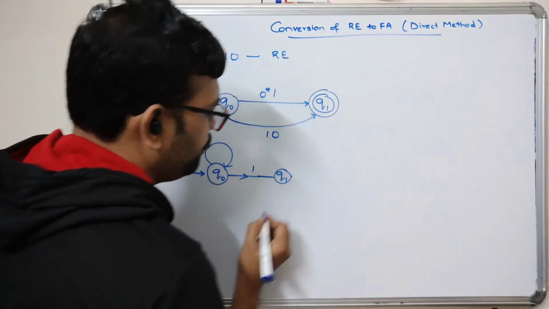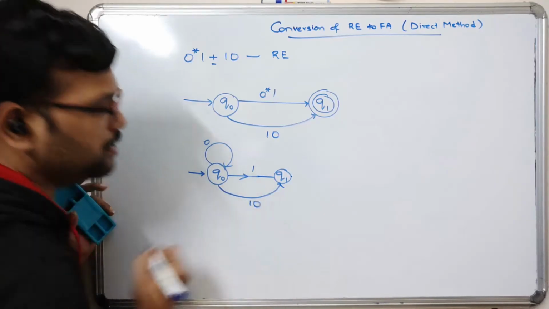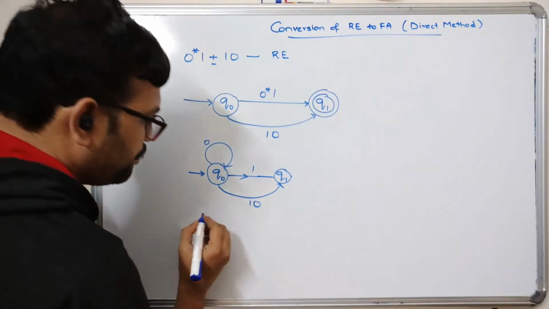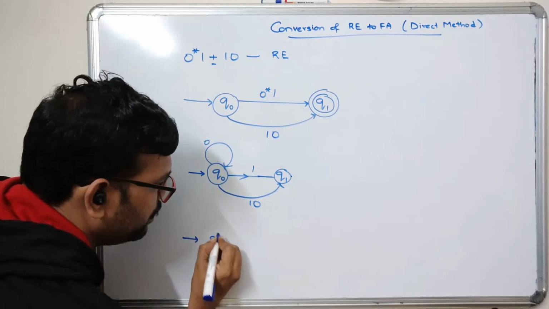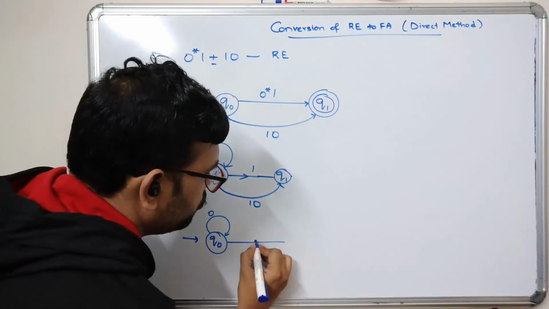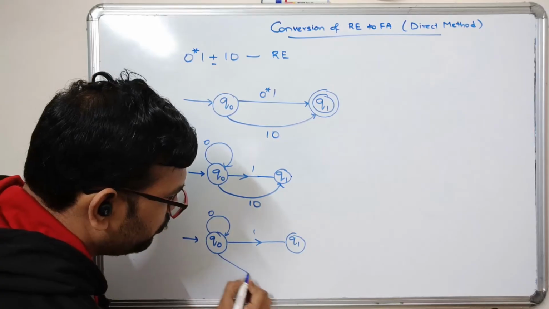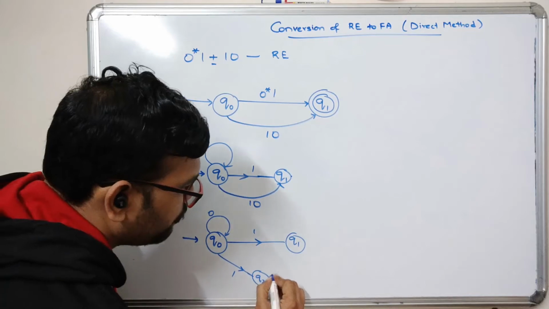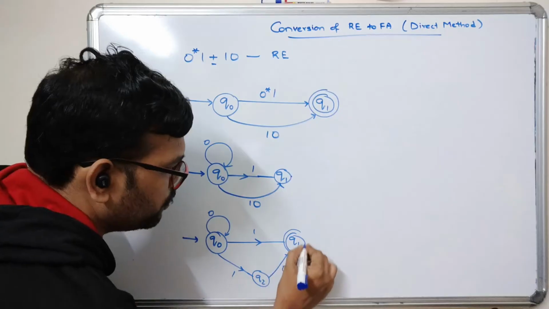And again 10: on 0 it moves to itself, and on 1 it moves to Q1. Next, expand 10. Again we have Q naught upon 1 moving to Q2, and from Q2 upon 0 it moves to Q1, which is a final state.